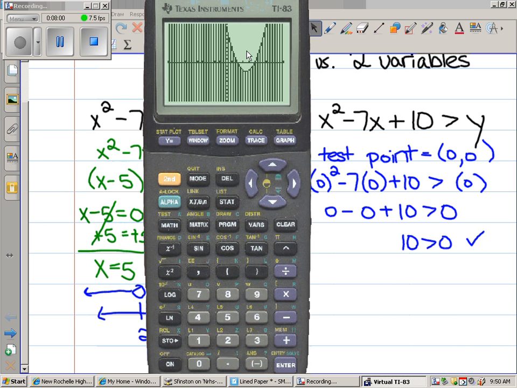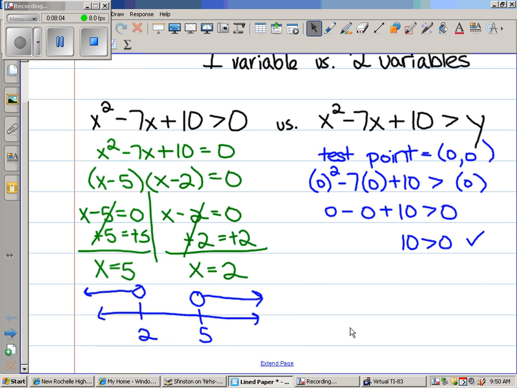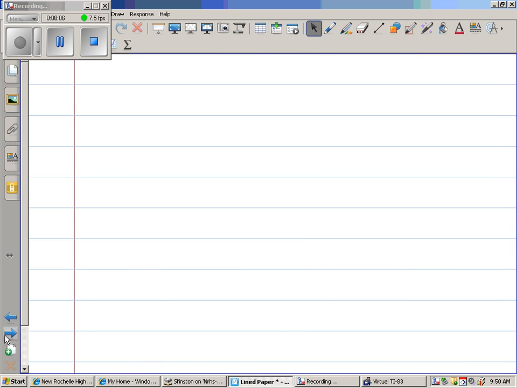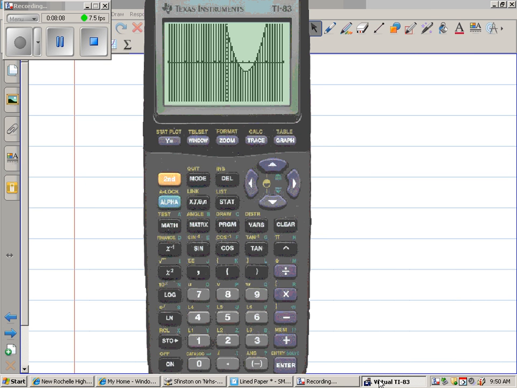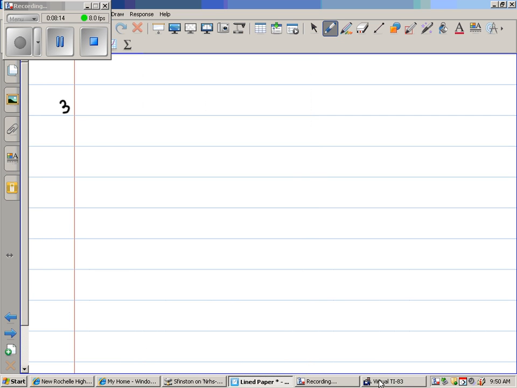For example, let's try number 1 together, from our sheet. It's saying y is greater than 3x squared minus 2x minus 1.